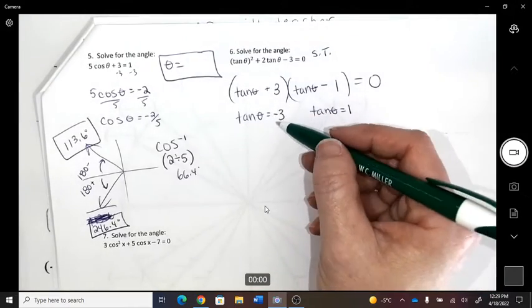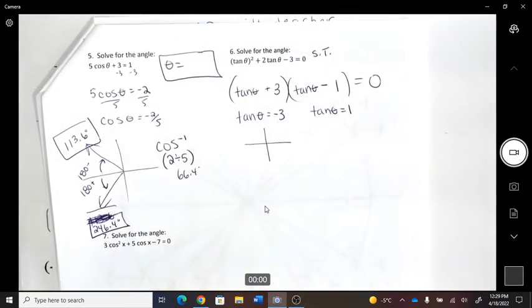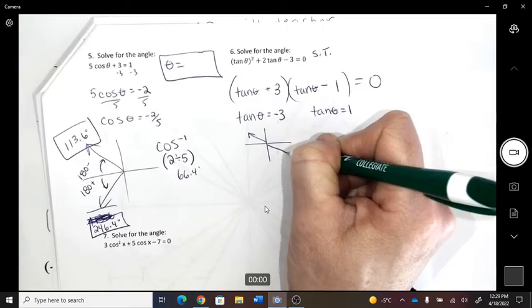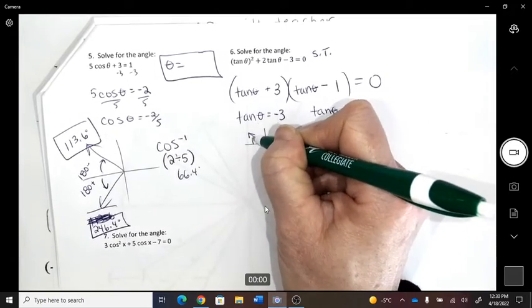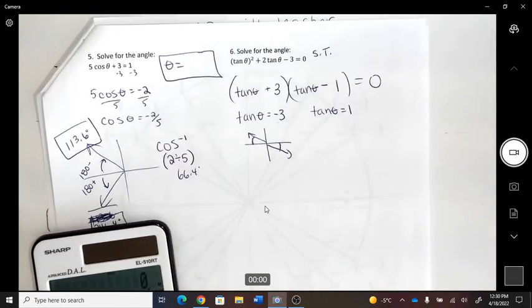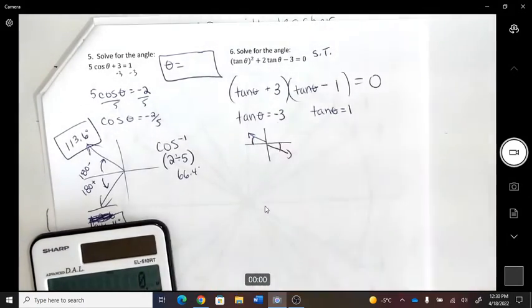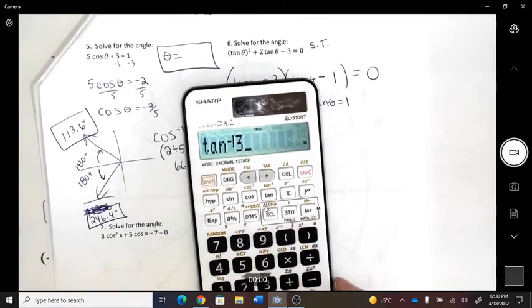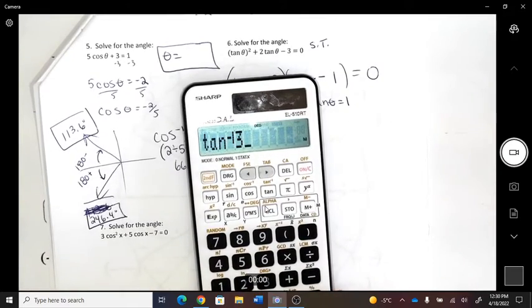Okay, now this will be in which 2 diagonals? Okay, I could have 4 answers here, by the way, when I'm done, because you have to do 2 separate things now. So tan inverse of positive 3, 71.6.